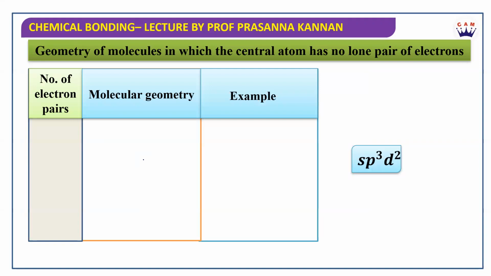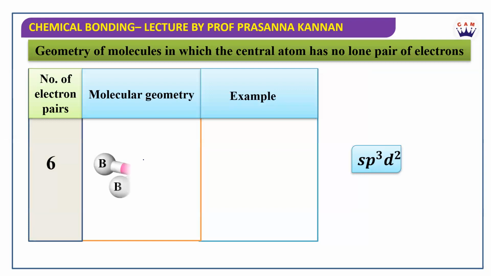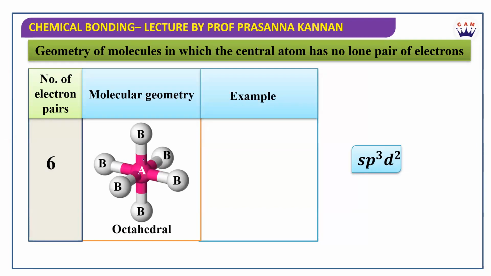What is the kind of hybridization now? sp3d2. How many bonded pairs? 1, 2, 3, 4, 5, 6. Are you able to visualize this? Octahedral. So what will be the angle between the four of these bonds? 90 degrees.